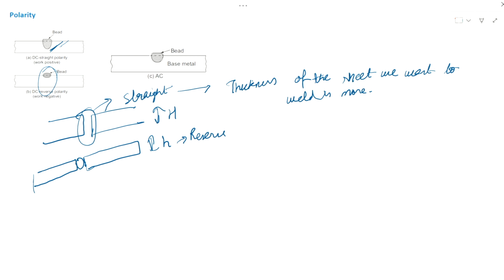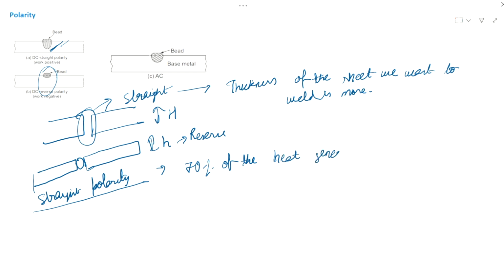Now, in straight polarity, what happens is your 70% of the heat generated is due to the input current, which acts on the workpiece.